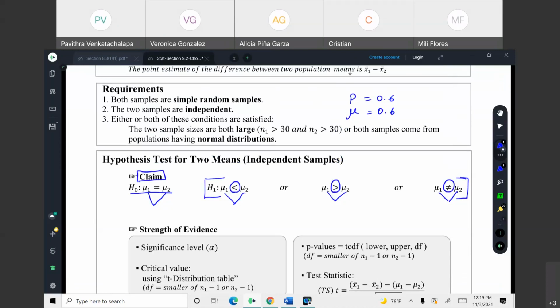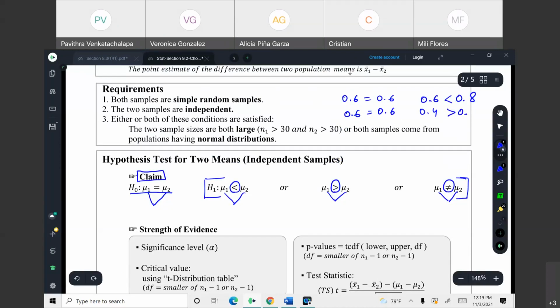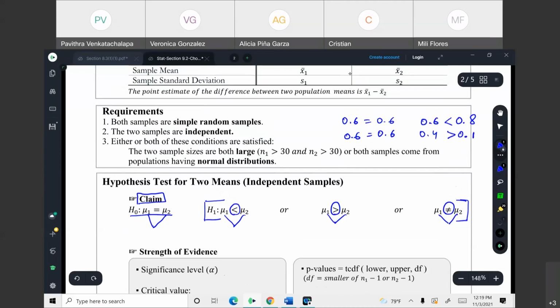Now here, when it comes to chapter 9, you know the value of another sample, so it would be like this, okay? Or 0.6 greater than 0.8. Now 0.4 greater than 0.1, something like this. So on either side, you will definitely have values. Okay, and you know it's very easy to compare when you have values.